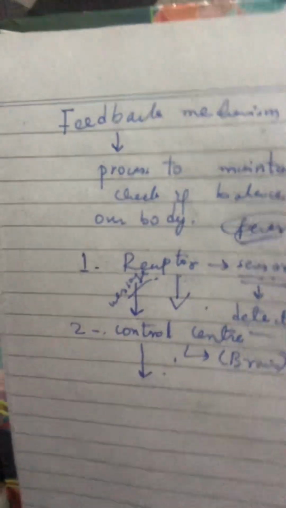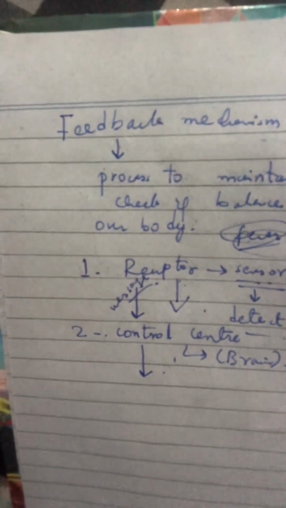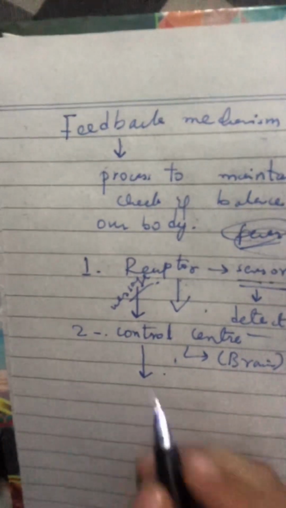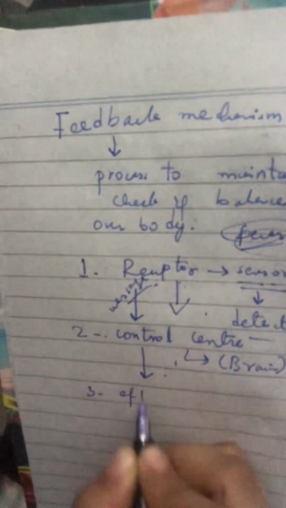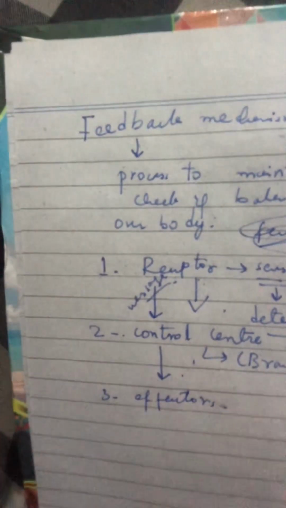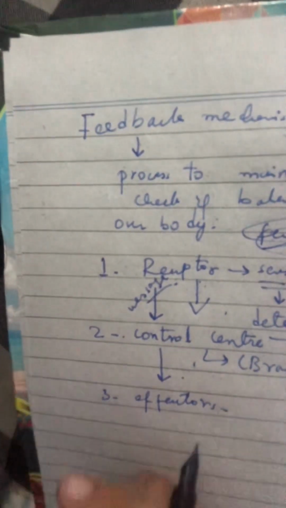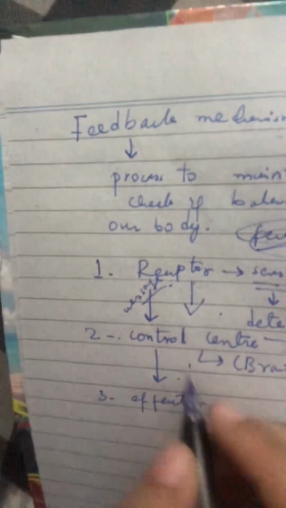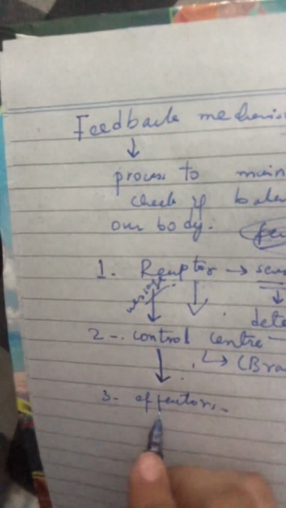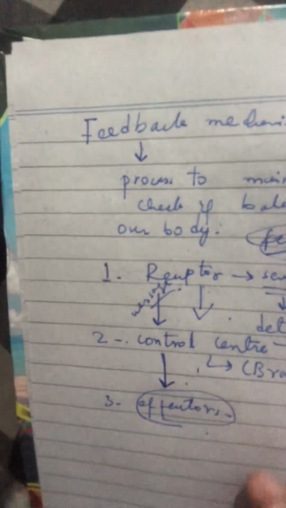Now the control center, as an answer, will convey the message to the effectors to change that condition back to the normal condition. As the person has a fever, the control center will convey a message to the effectors to change this to the normal condition. So that will be the effectors.